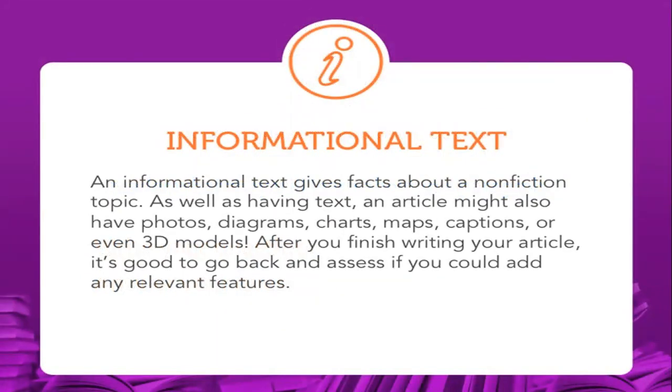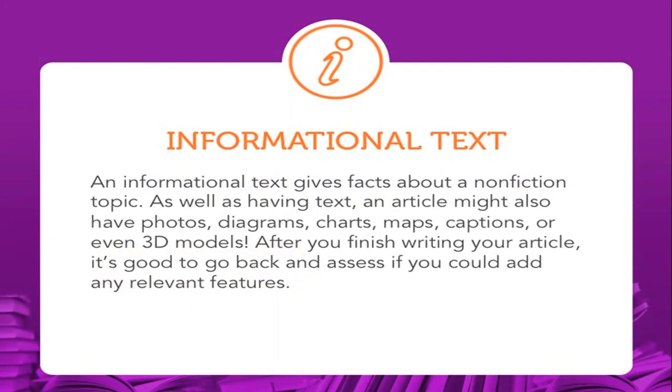An informational text gives facts about a nonfiction topic, as well as having text. The article might also have photographs, diagrams, charts, maps, captions, or even 3D models. After you finish writing your article, just like you did on the previous slide, it's good to go back and assess.